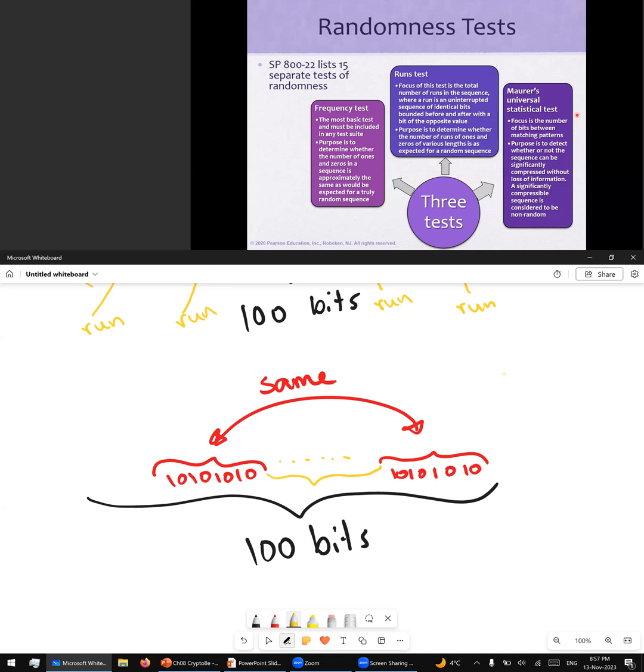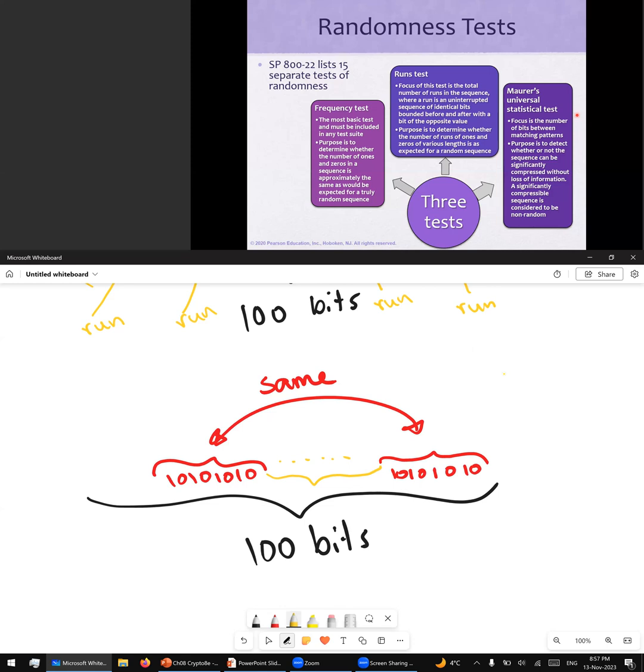The idea is, how well can I compress these 100 bits without losing information? I'm not going to go into the whole compression algorithms and what the definition of information is, but generally, if you can compress a sequence of bits, in other words, make it shorter without losing any information in there, then that sequence of bits is not very random at all.